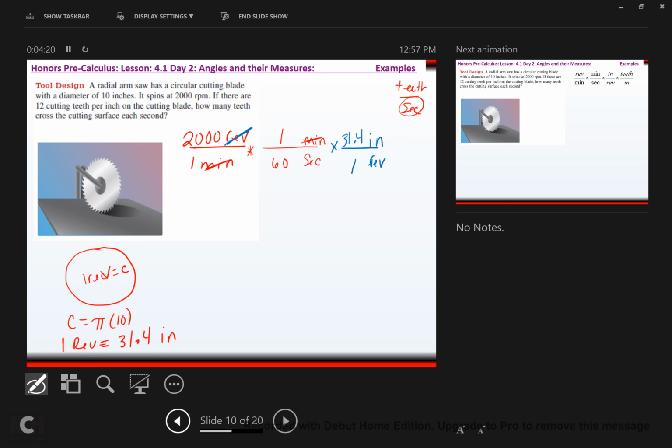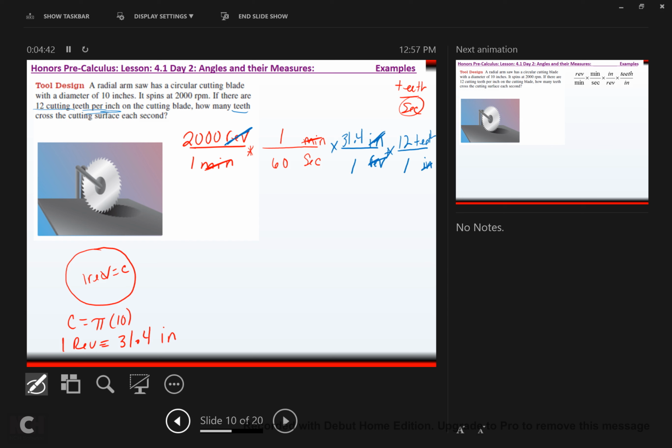Now that gets me to inches per second. I don't want inches per second. I want teeth per second. So if I want to get rid of inches, I put it on the bottom, and I want the number of teeth, so I put that on top. It told me there's 12 teeth per inch, so 1 inch is worth 12 teeth.